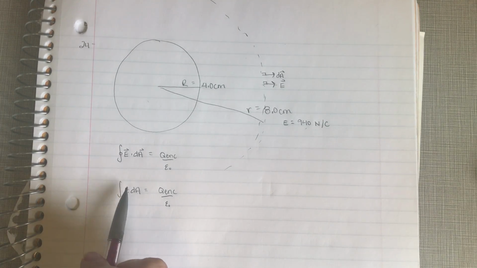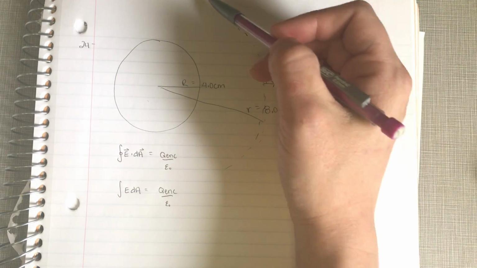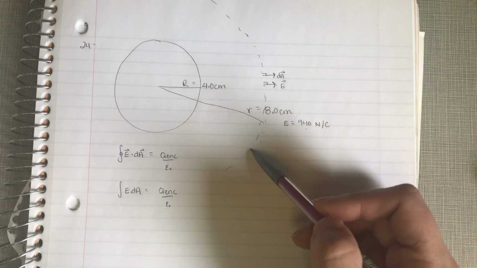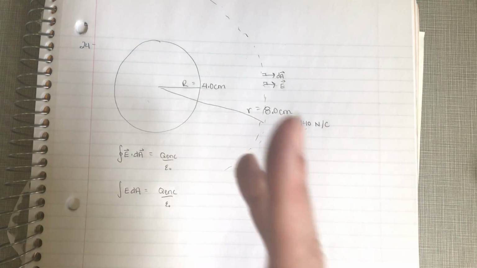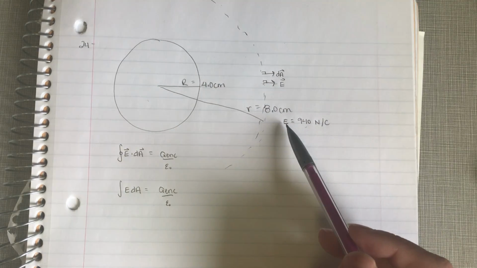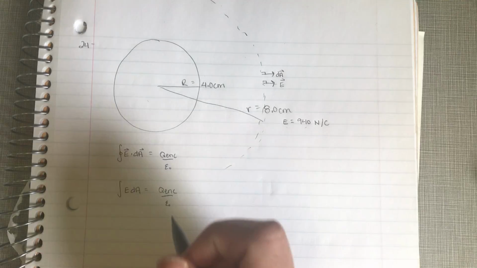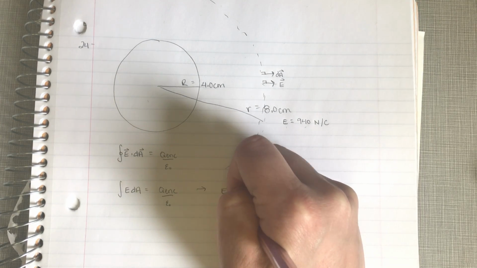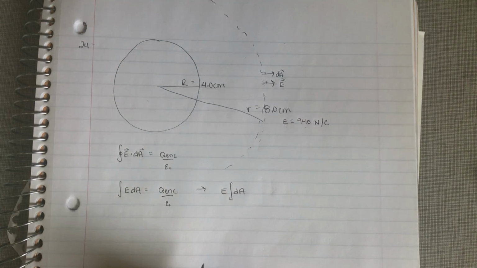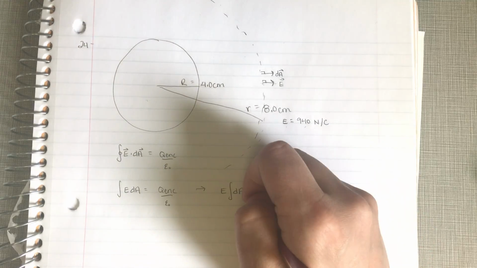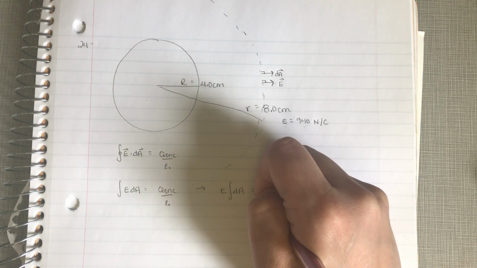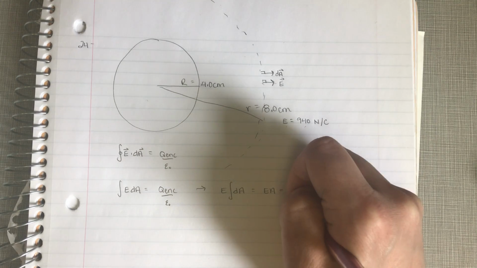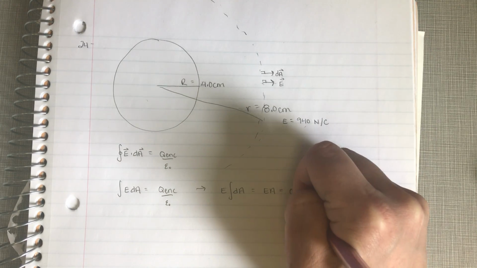Because we're a sphere, we're at a constant radius all the way around our Gaussian surface, wherever we care about the field. So E is constant and we can pull it out of the integral. We get E times A equals Q enclosed over epsilon naught.